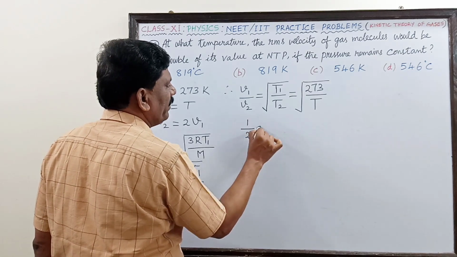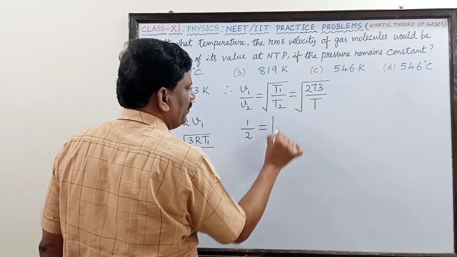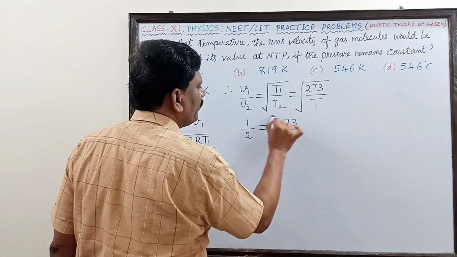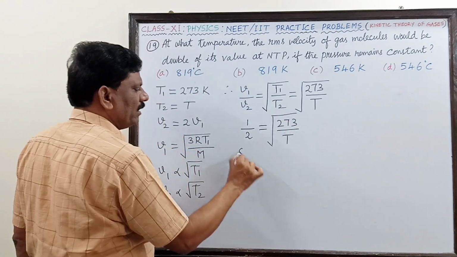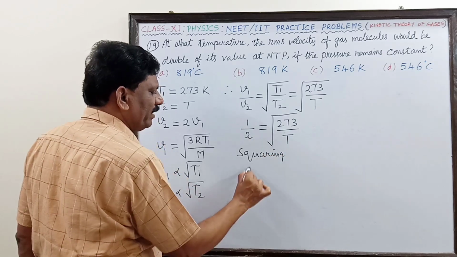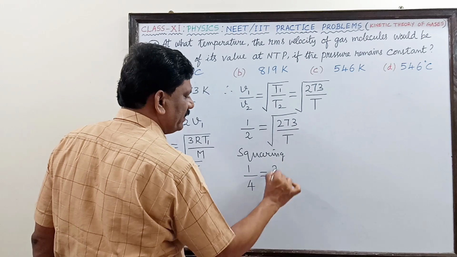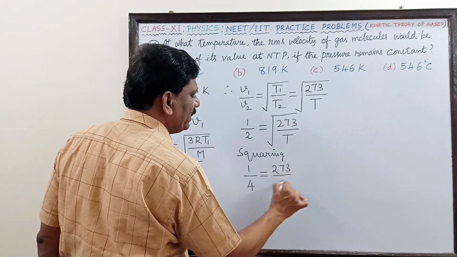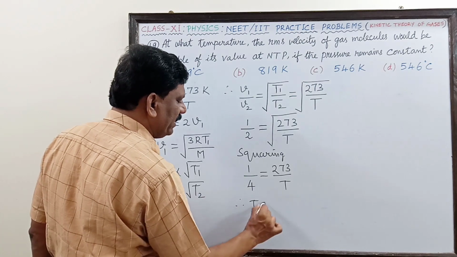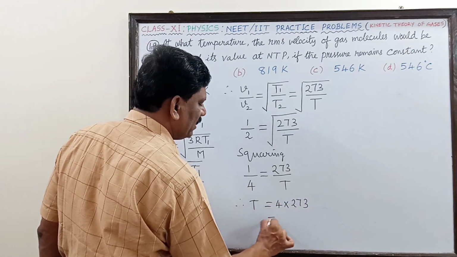So 1 by 2 is equal to square root of 273 divided by T. Now squaring on both sides, the left hand side will become 1 by 4 and the right hand side will become 273 divided by T. Now cross multiplying, therefore T is equal to 4 into 273.